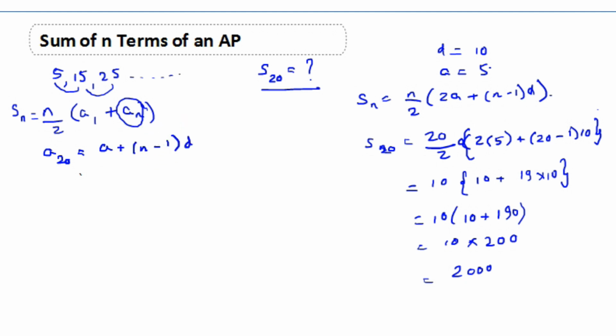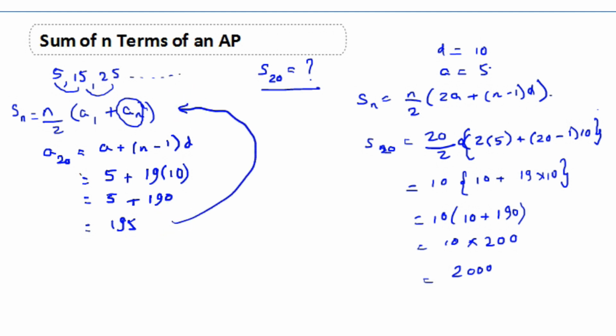And a in this case is 5 plus (20 minus 1, which is 19) times d, the common difference we know is 10, so 19 times 10, or 5 plus 190. So that means it should be 195. That's the 20th term.